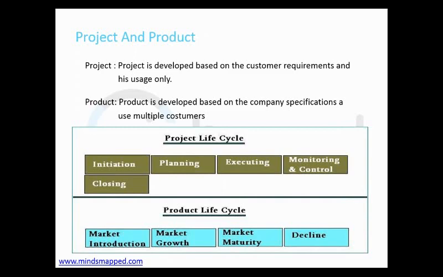So what is a product? A product is developed based on the company's specification, to be used by multiple customers. Suppose I need to create a messaging app or messenger. We need to understand the market, what messengers exist, what they are using, and what extra we can create.